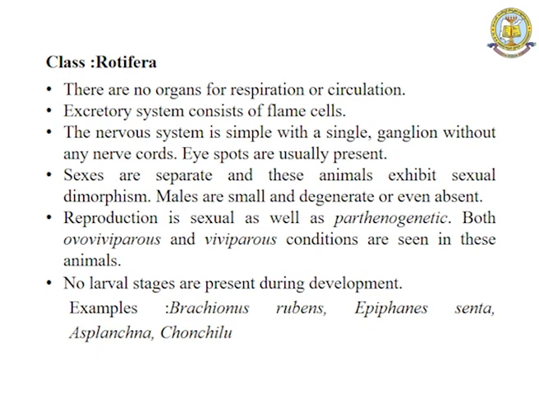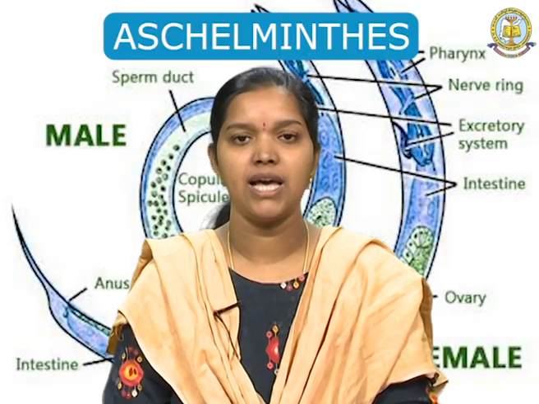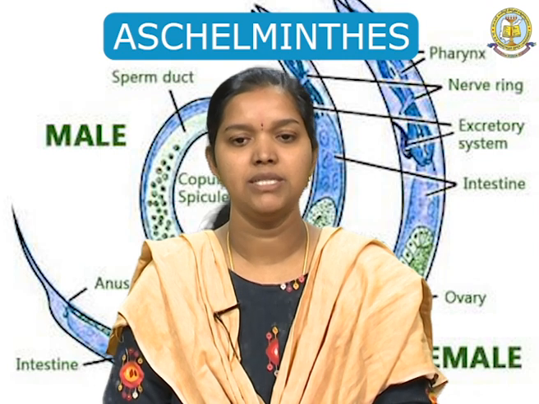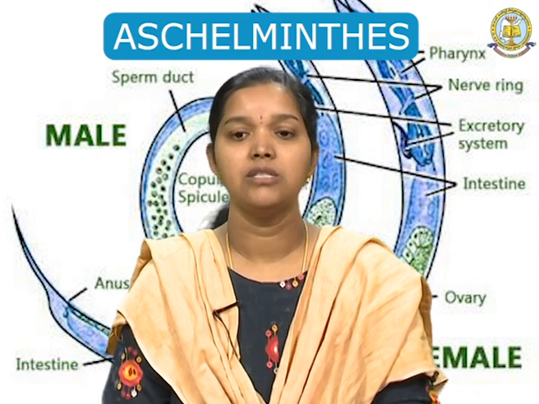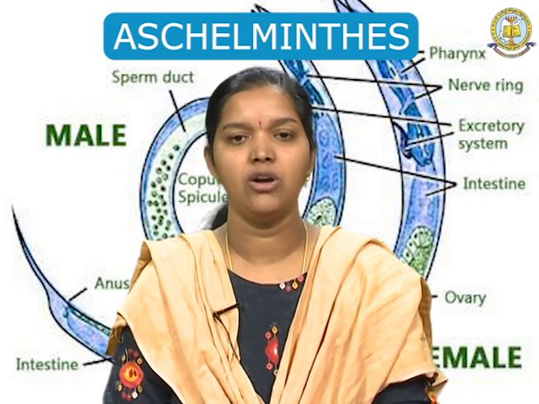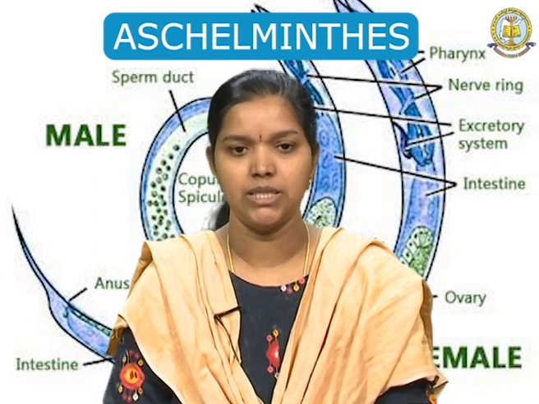The nervous system is very simple, with a single ganglion without any nerve cells or nerve cords, and eye spots are usually present. The sexes are separate in these animals and they exhibit sexual dimorphism, and males are small and degenerate, or sometimes even absent.